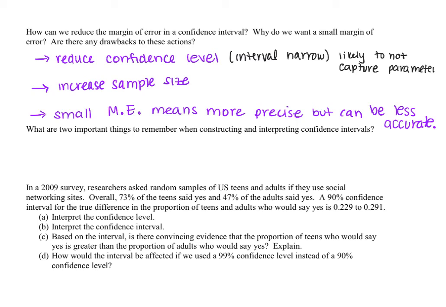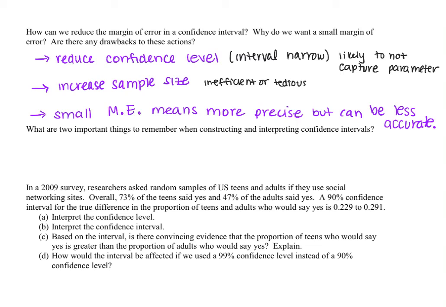The other way to make your margin of error smaller is to increase sample size. That's probably the easier way to do it or the more accurate way to do it, but sometimes it can be inefficient or tedious. So it's all about having that healthy balance there.